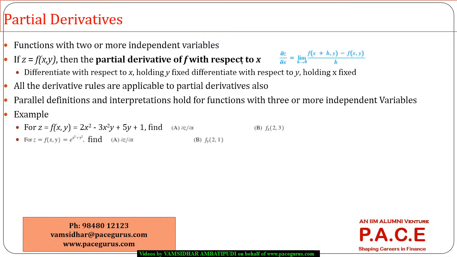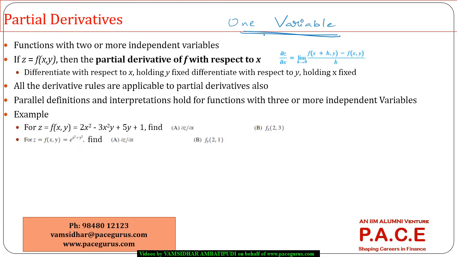Now, let's try to understand another important aspect in the derivatives. Till now, whatever the applications that we have looked at are the functions of only one variable. Like in the earlier examples, I have taken only one variable at a time, differentiated it, equated it to 0.